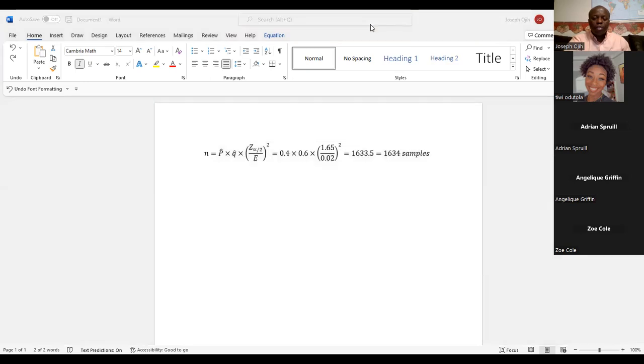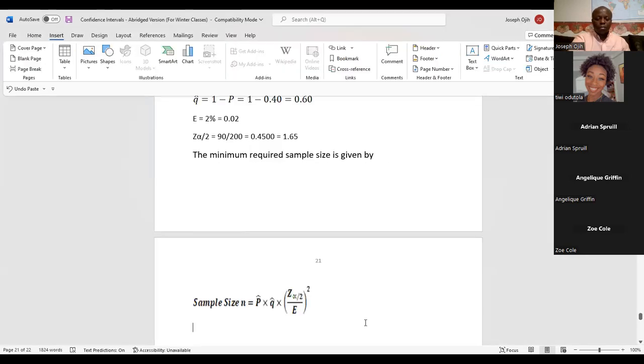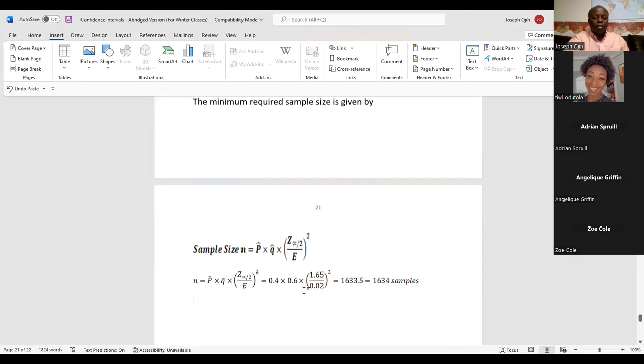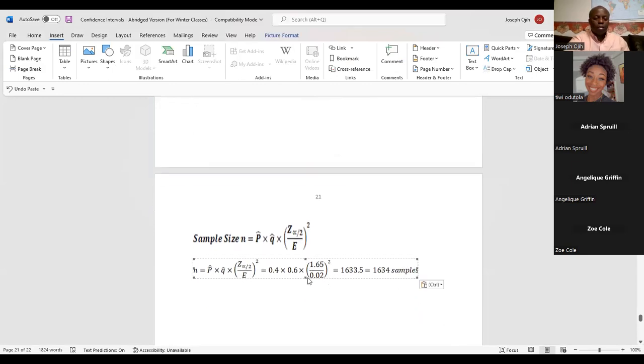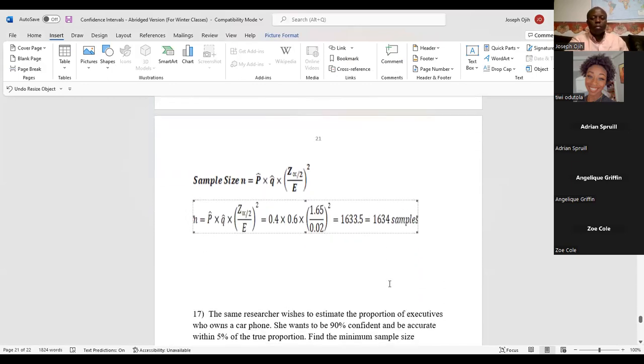And that's how you get the minimum sample size. You can expand it if you want. Questions? Any question?